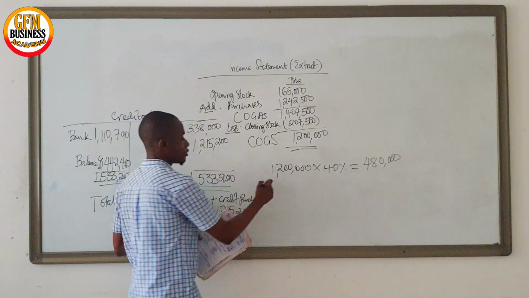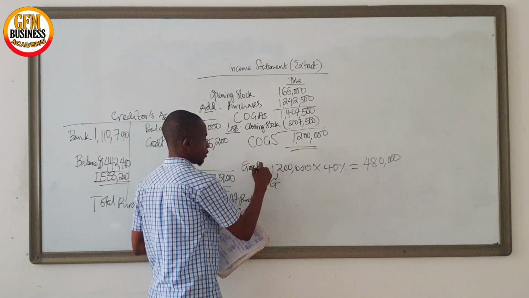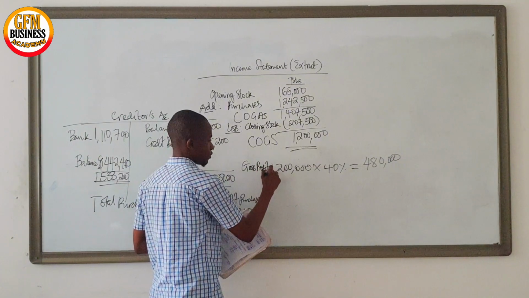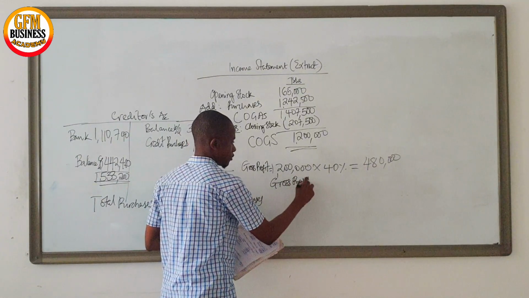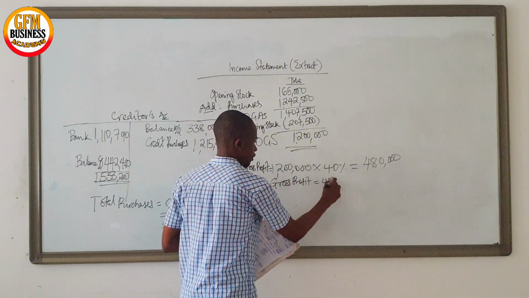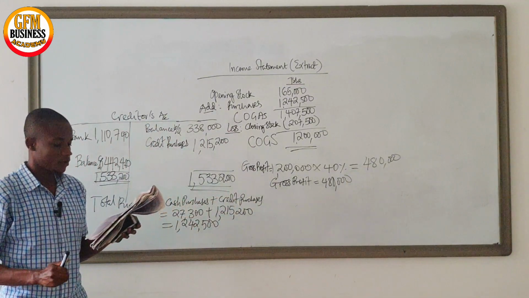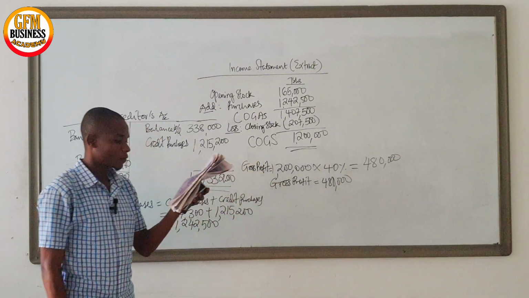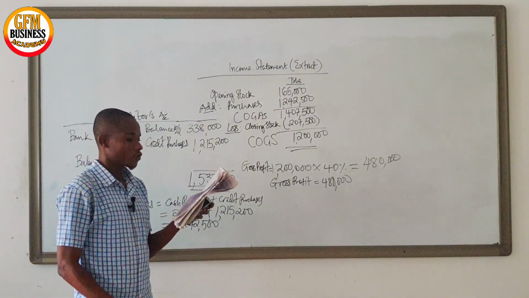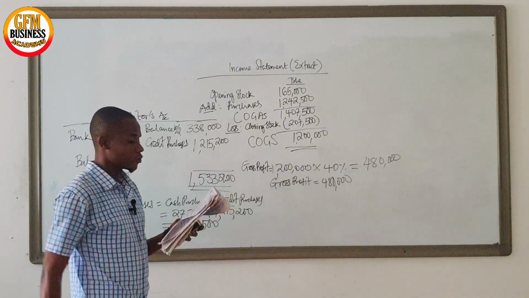What is 480,000? 480,000 will be gross profit. So gross profit is equal to 480,000. It's very important to find the gross profit. That is the first step. You must first find the gross profit.